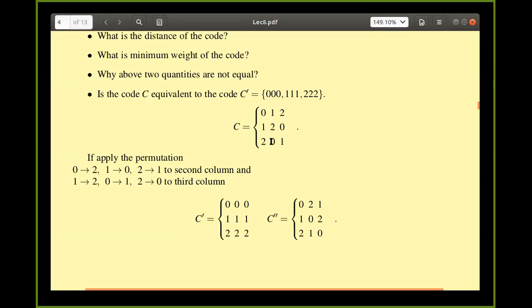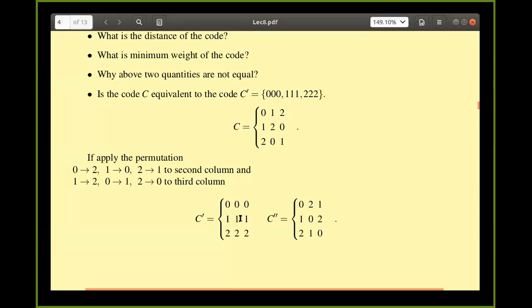Concentrate on the second column. 0 is mapped to 2, 1 is mapped to 0, and 2 is mapped to 1. So 0, 1, 2 are here, right? Now what happens to the last one? 1 is mapped to 2, 0 is mapped to 1, and 2 is mapped to 0.